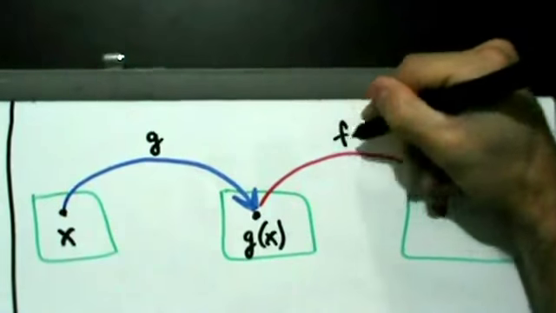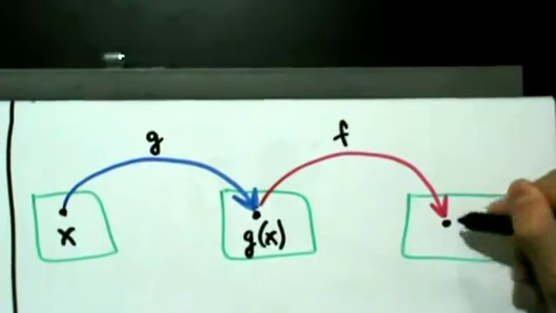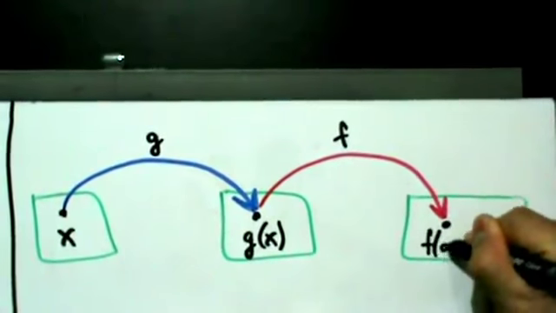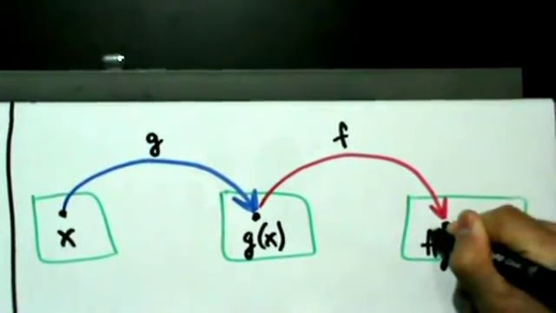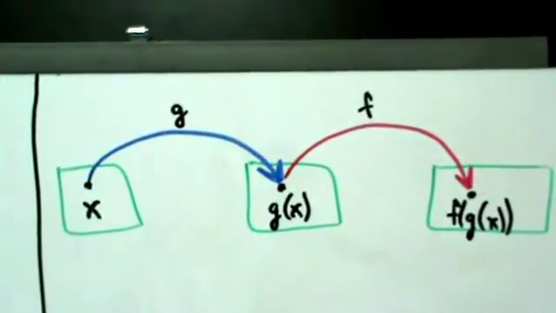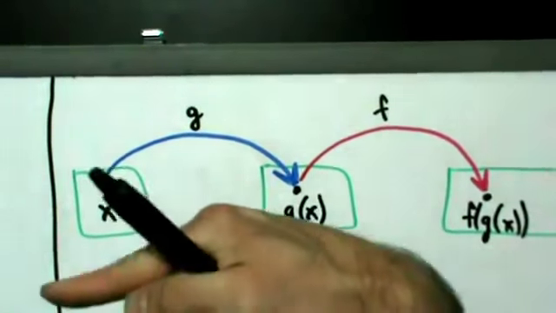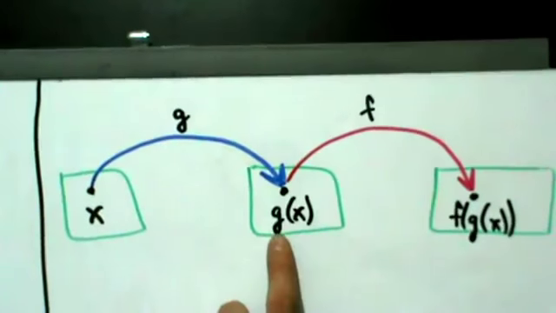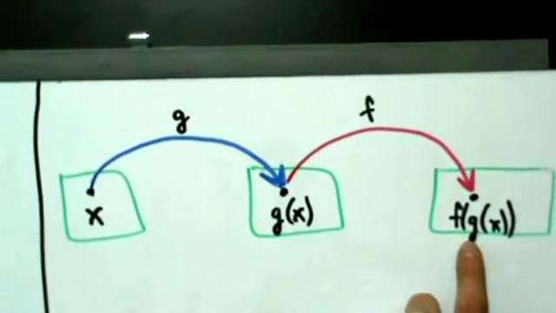And this is f. So this f is going to take g of x over here to f of g of x. So this is just a little picture of what was going on the other side over here. So start with x, apply g to it, get g of x, then apply f to that to get f of g of x.